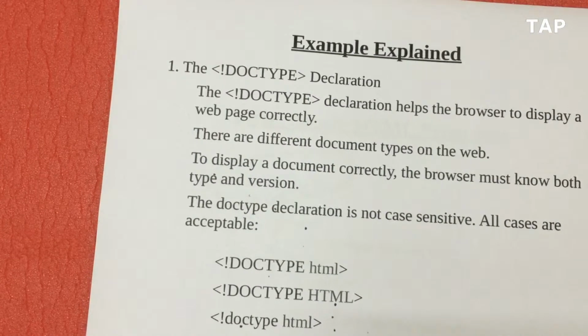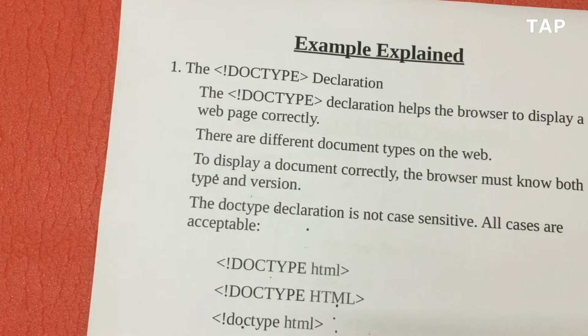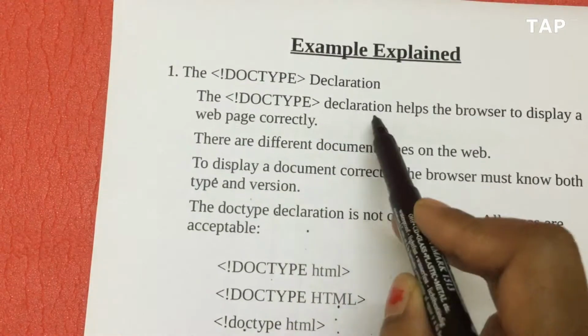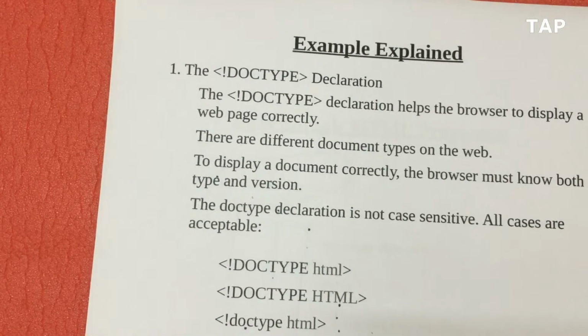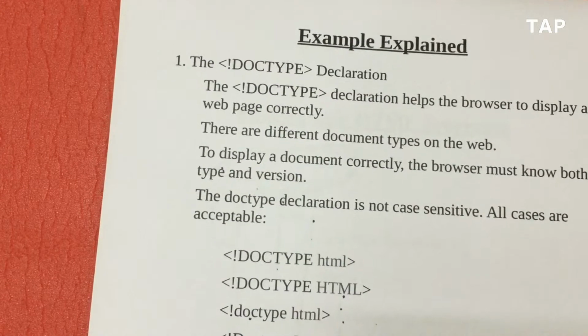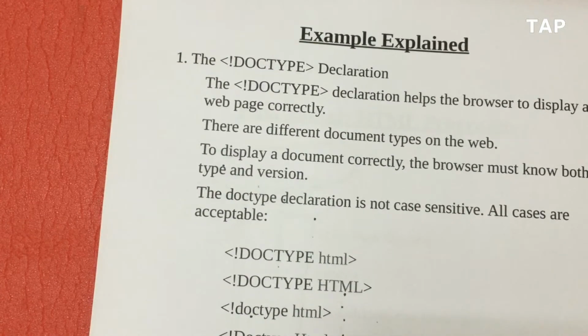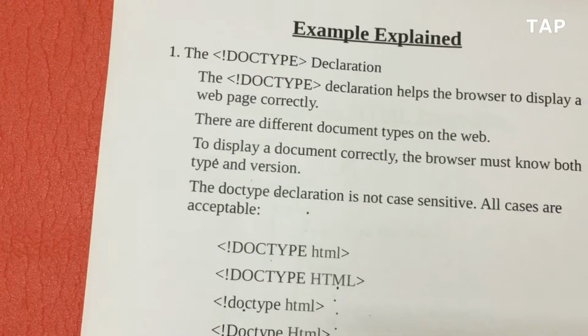There are different types of web pages. So this is the doc type where we are declaring and telling the browser this is the exact type of web page you have to run.